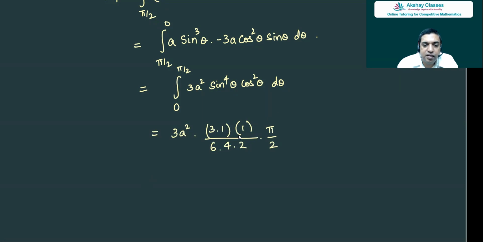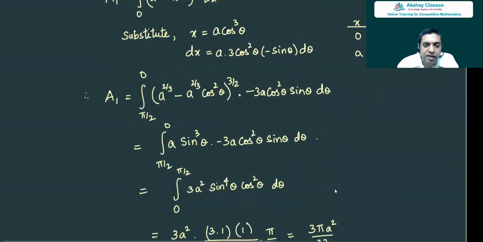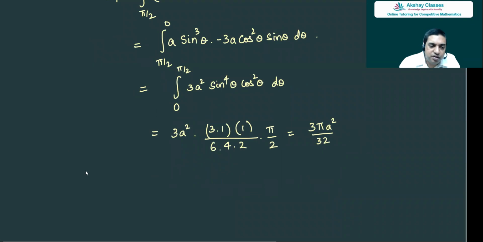So 3 cancels once. So 3 pi a square upon 4 into 4, 16 into 2, 32. So this is the area bounded in the first quadrant. So the total area bounded by the curve.